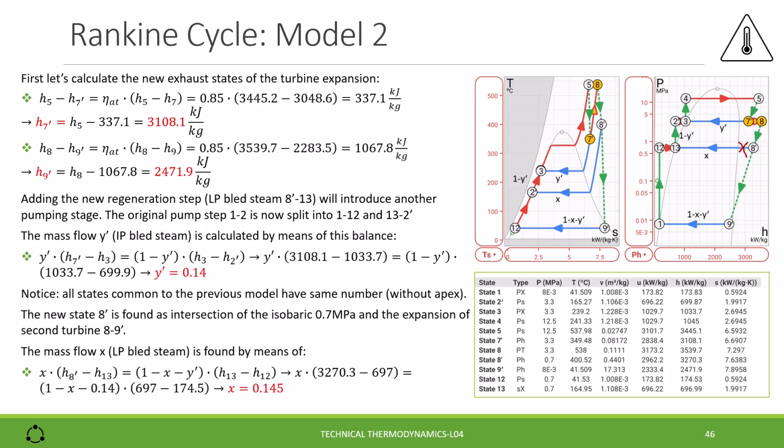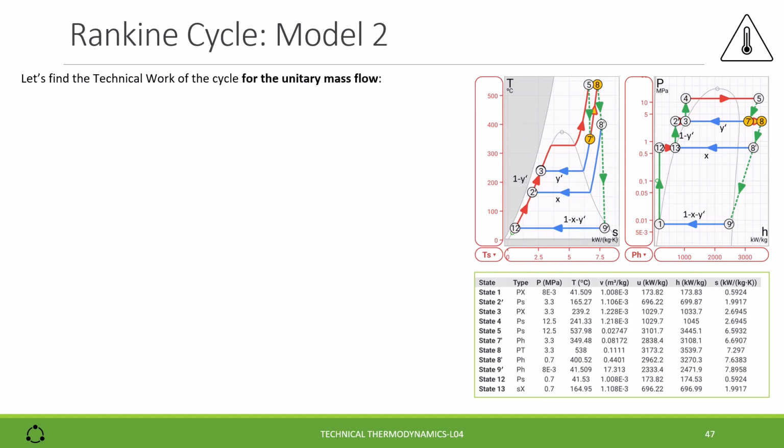X into H8 prime minus H13 equals 1 minus X minus Y prime into H13 minus H12, and we find for X the value of 0.145.